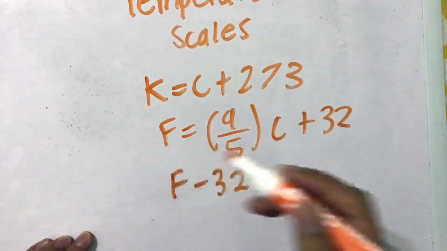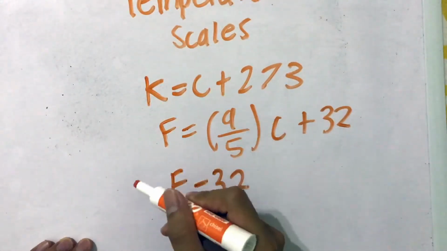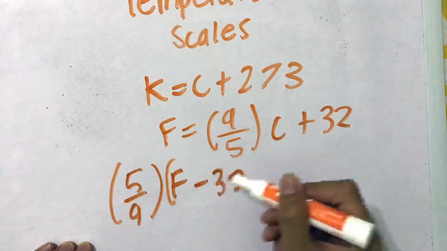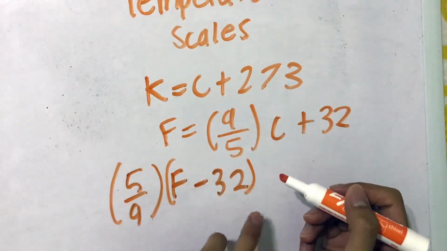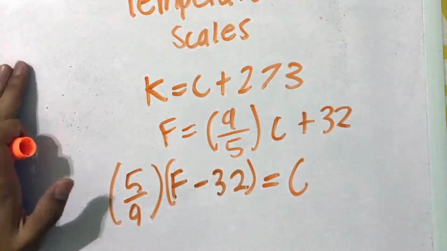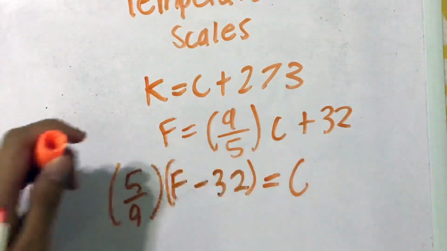And once we subtract it to the other side, we can actually divide by 9/5, and that would turn out to be 5/9 times the Fahrenheit minus 32 equals the Celsius. So these equations are the conversions that you need to know to convert between Kelvin, Fahrenheit, and Celsius.